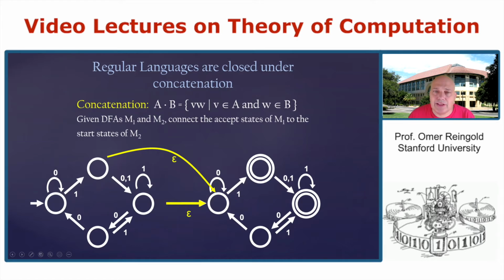So that's essentially how you prove the concatenation theorem for regular languages. And the language that you recognize is the concatenation of the two languages. The proof is not very hard, and we'll see actually a more complicated version of this proof soon.